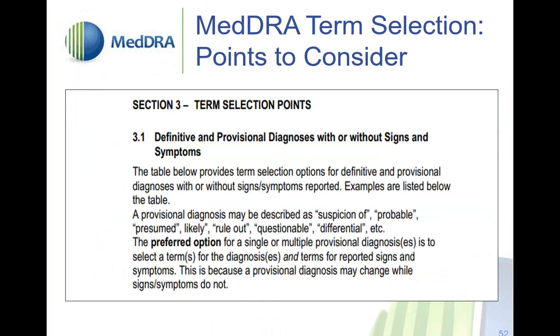So when you're not sure, as we can see in section 3.1 of our PTC document, a provisional diagnosis may be described as suspicion of, probable, presumed, likely, rule out, questionable. So the preferred option for a single or multiple provisional diagnoses is to select terms for the diagnosis.